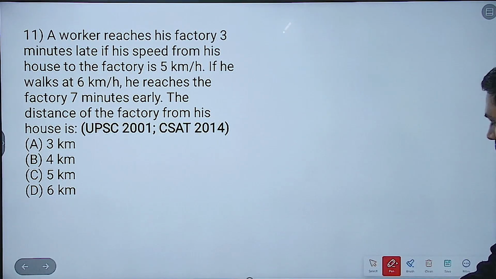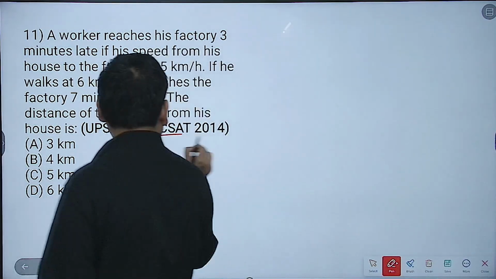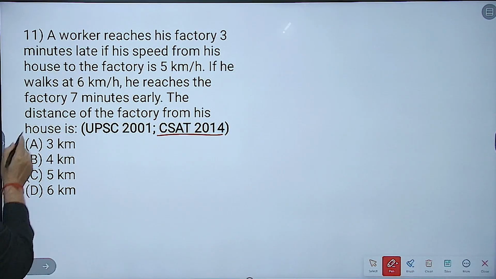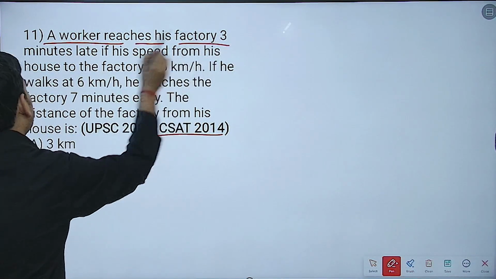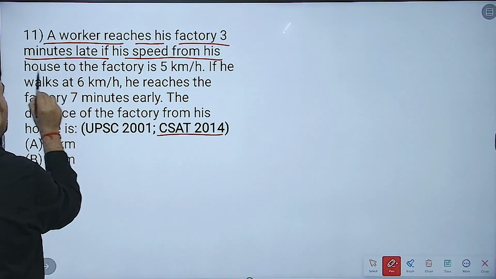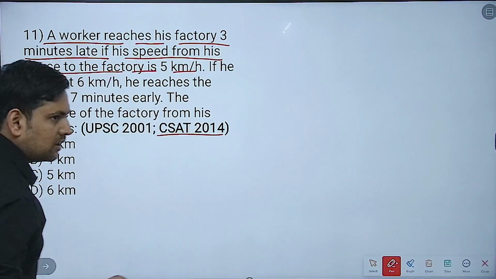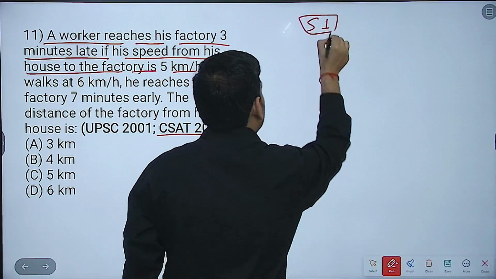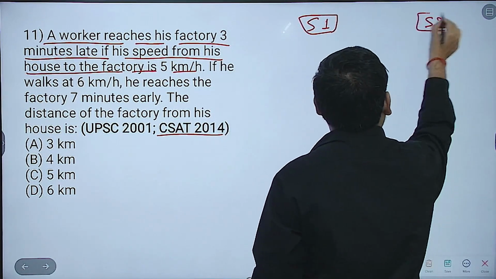Yeah, this was something that was asked in CSAT 2014. Okay, now you can pause and try. A worker reaches his factory 3 minutes late if his speed from his house to the factory is 5 kilometer per hour. Now again you understand, this is scenario 1 and this is scenario 2.